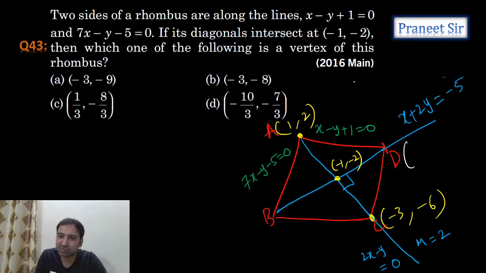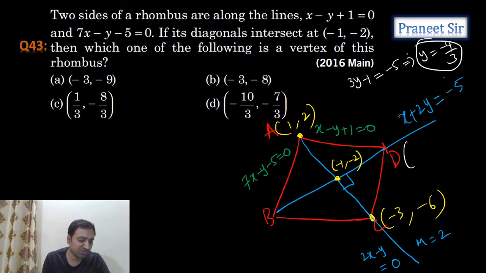If you subtract these two equations, 2y minus of minus y, 3y minus 1 equals minus 5. So from this, y equals minus 4 by 3. You can see the options, guys. There is no minus 4 by 3. So automatically we can say that this is not going to be the answer.